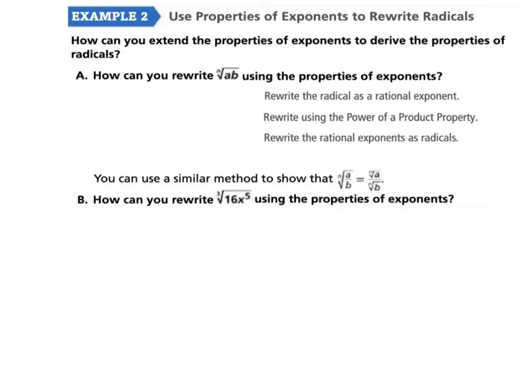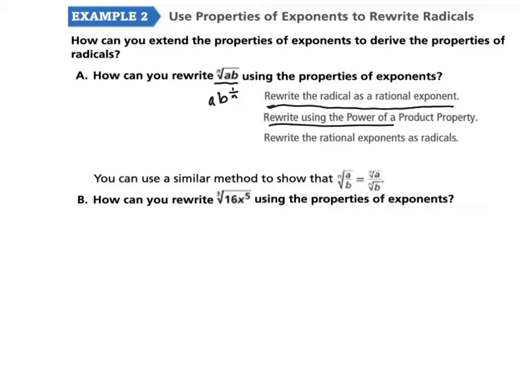So example 2, it says, how can you extend the properties of exponents to derive the properties of radicals? These are the steps, okay? So we need to rewrite the radical as a rational exponent, right? So change this to AB to the 1/n.